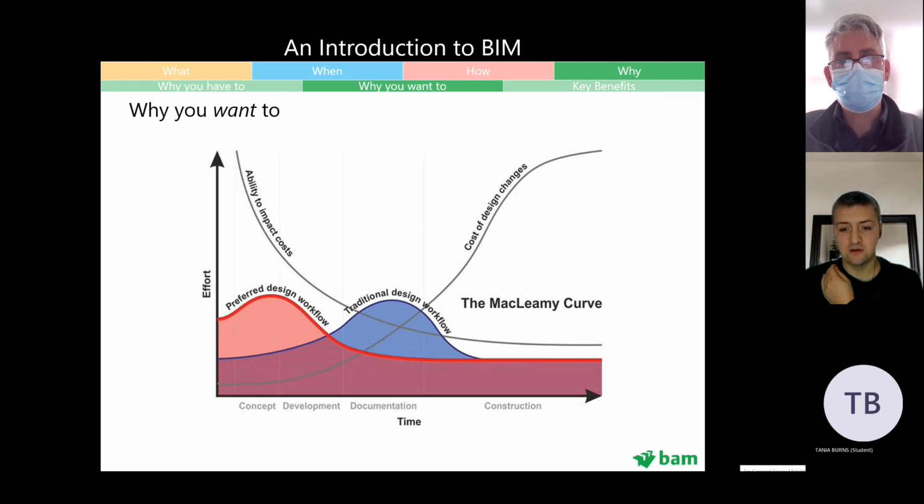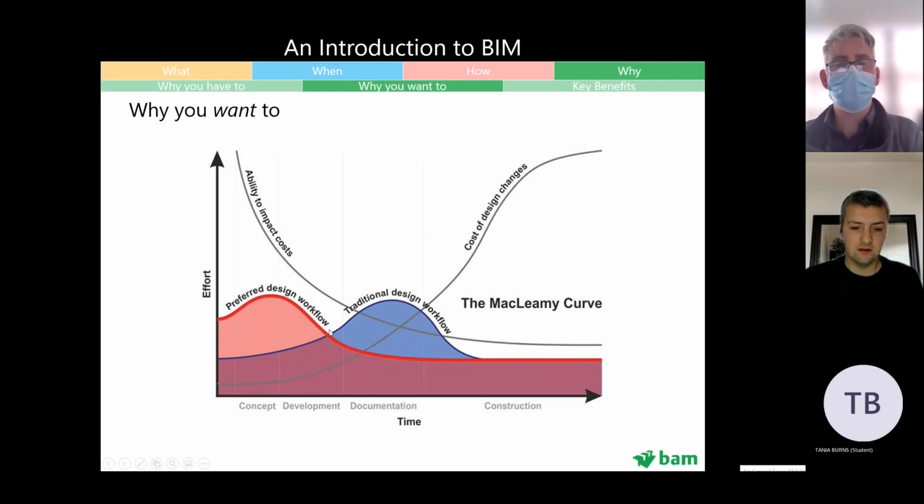You're impacting your construction program because, if changes are required, it can be done, but not necessarily to the timescales that we'd originally planned. So the costs really shoot up. And this is the traditional design workflow. So what this is saying is that if you can move your design workflow as early as possible, you can save a lot of money.